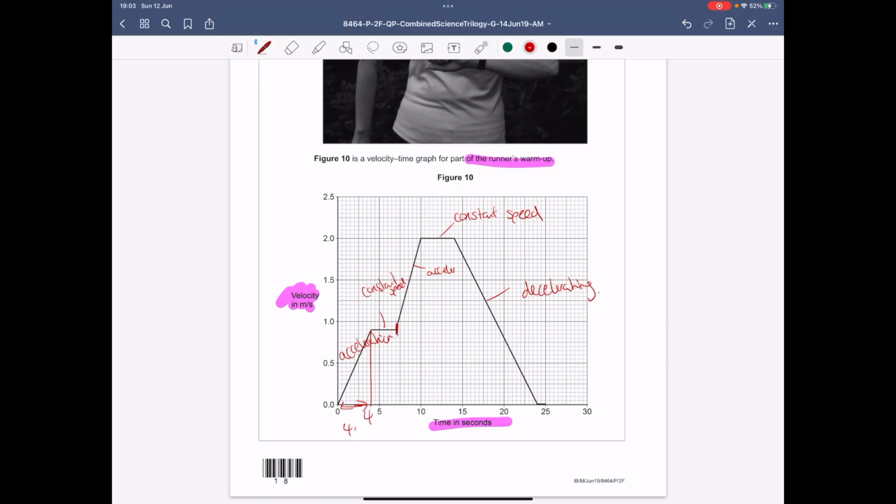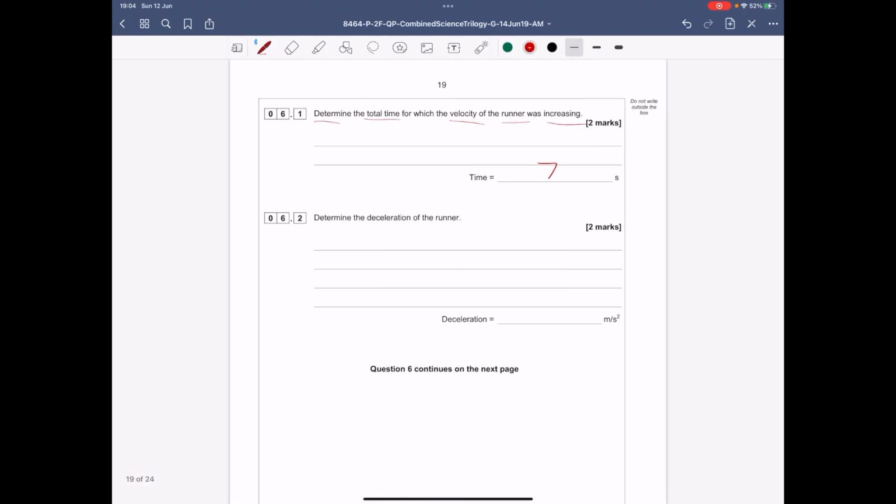And then I can see that my next section starts at 7 seconds and it finishes at 10 seconds. So I've got a gap of 4 and I've got a gap of 3. So if I add these numbers together, that would give me a total amount of time of 7 seconds. So my runner is accelerating her pace for 7 seconds across that graph. Determine the deceleration of the runner.